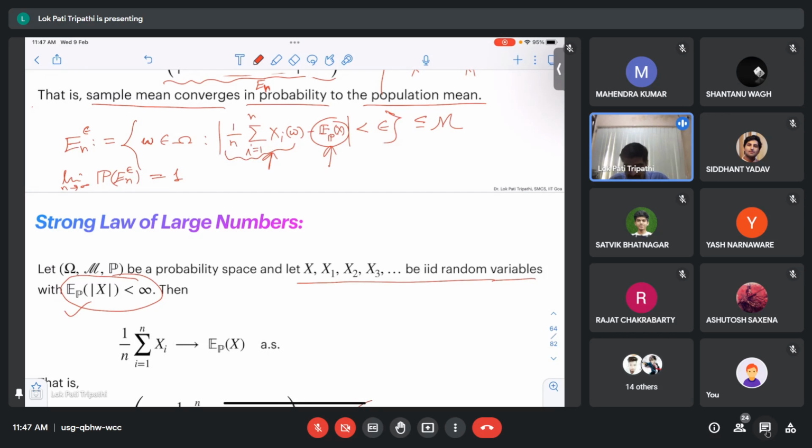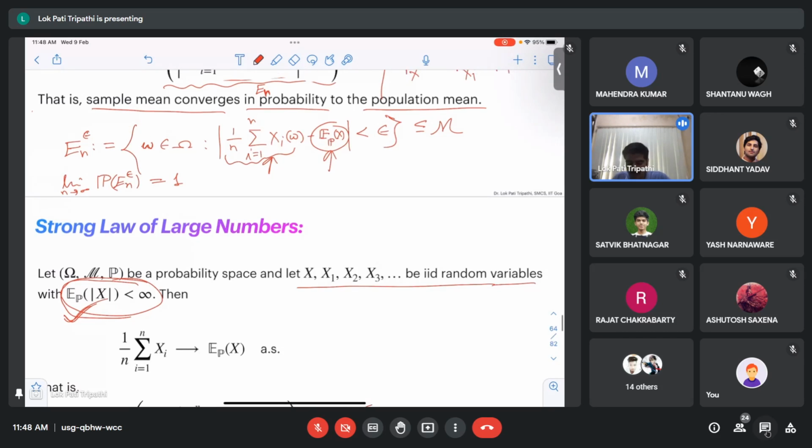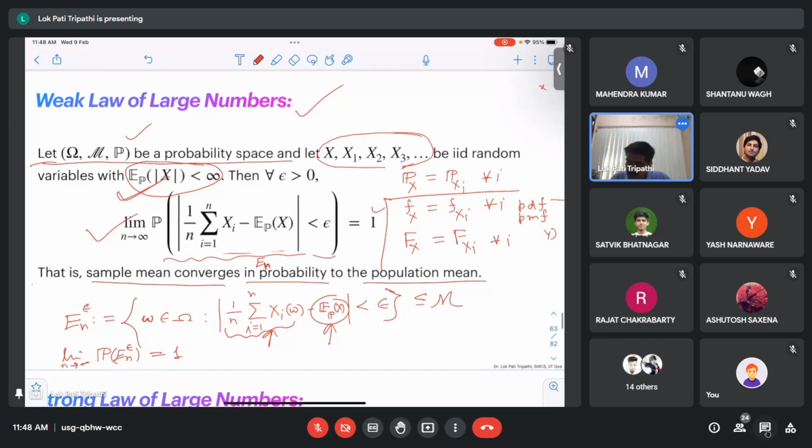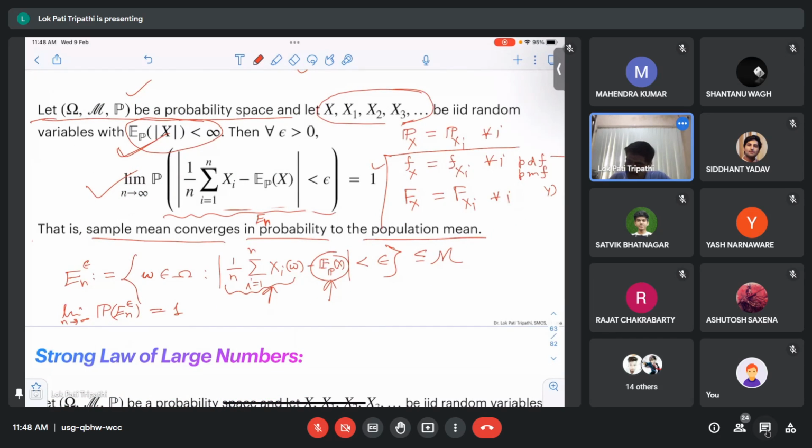To prove these results under this assumption is quite involved, so I don't want to give you the proof under this weak assumption on the data. What I will do is prove this result with one additional assumption, which will make our life very simple.